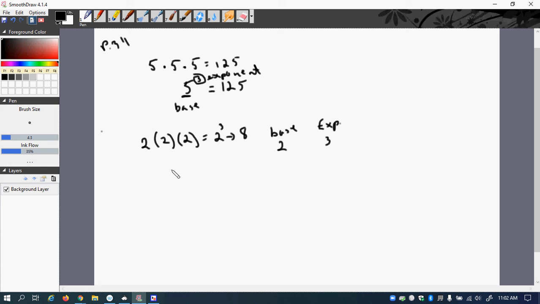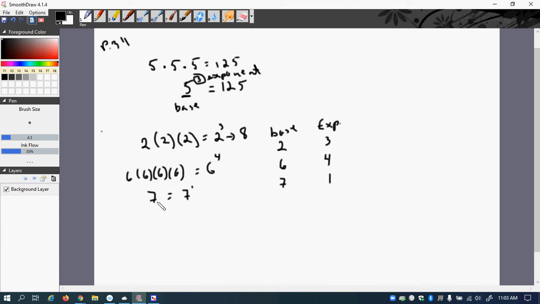We could have another one like 6 times 6 times 6 times 6, 4 times, right? And so that's really 6 to the fourth. So the base is 6 and the exponent is 4. We could also do 7, which is really 7 to the 1. So the base again is 7 and the exponent is 1.